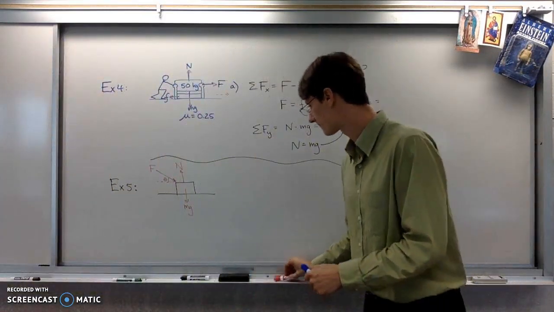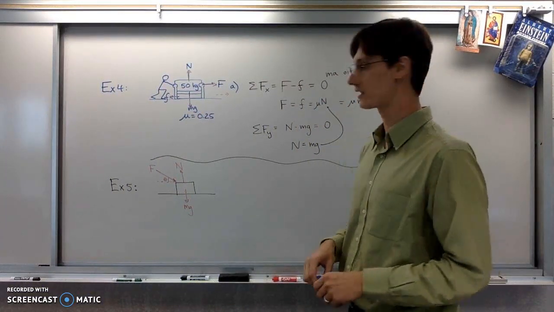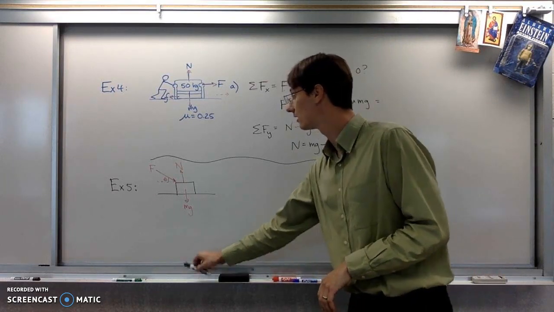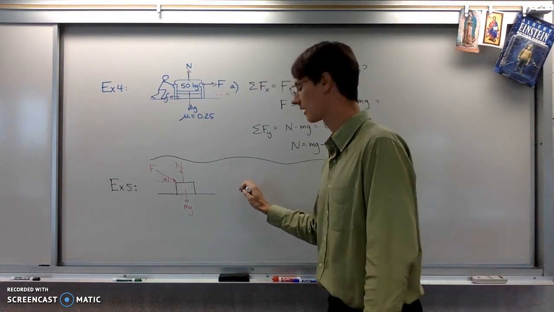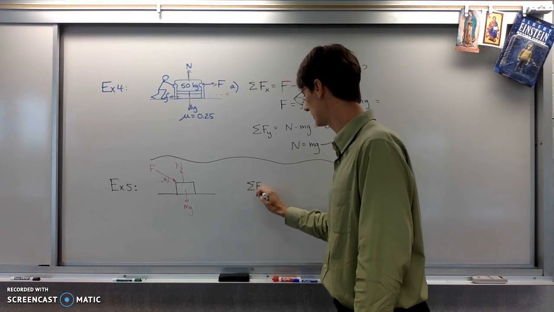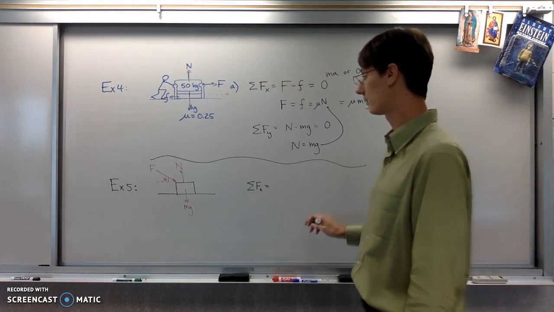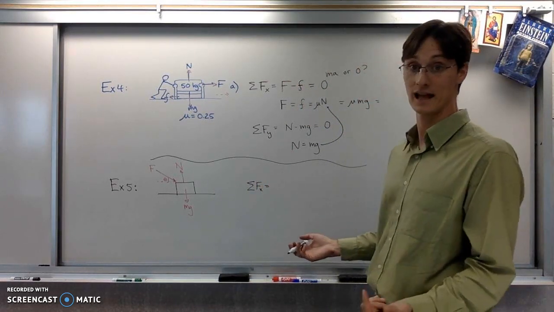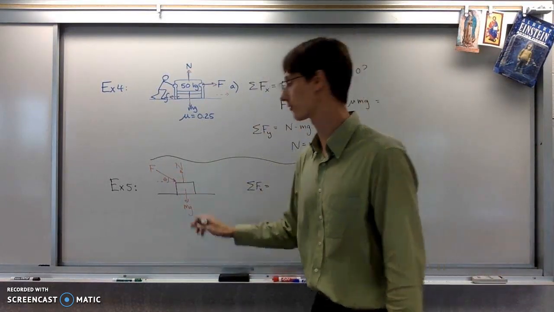Now, when we want to write our sum of forces equations, now that we've got our force diagram all ready to go, our sum of forces in the x direction would be just the x component of this applied force right here.